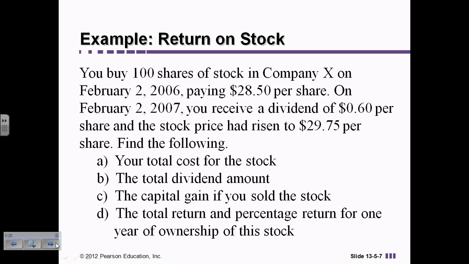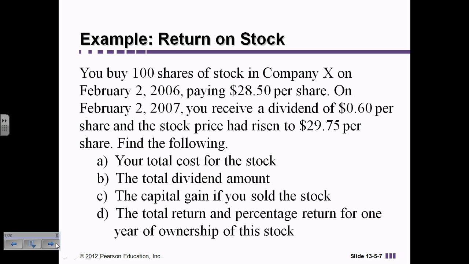So let's look at this. If you buy 100 shares of stock in Company X on February 2nd, and you pay $28.50 per share, a year later you get a dividend of 60 cents per share, and the stock has risen to $29.75 per share.